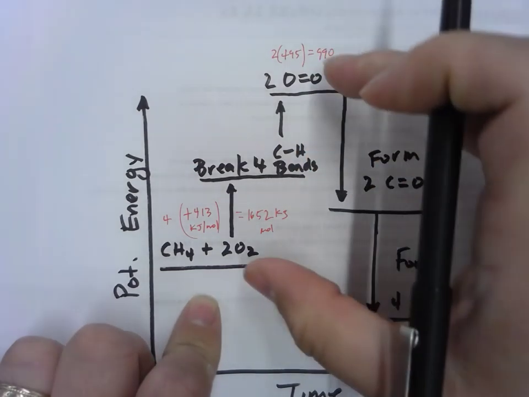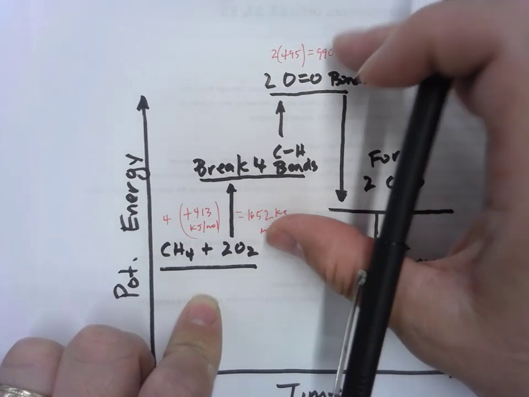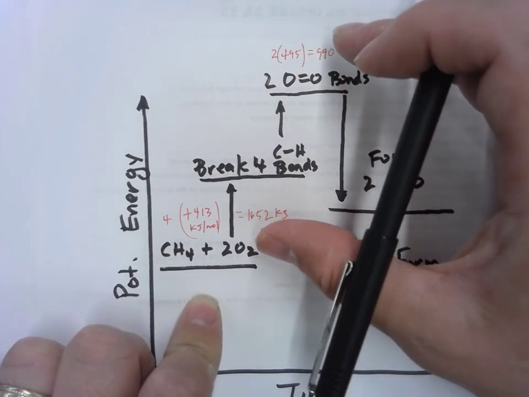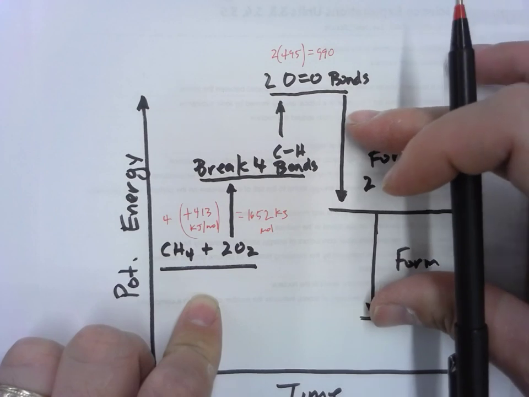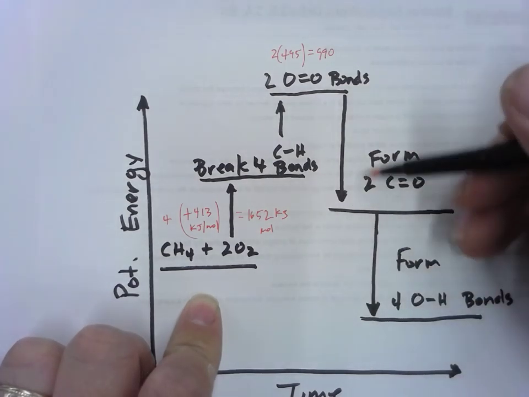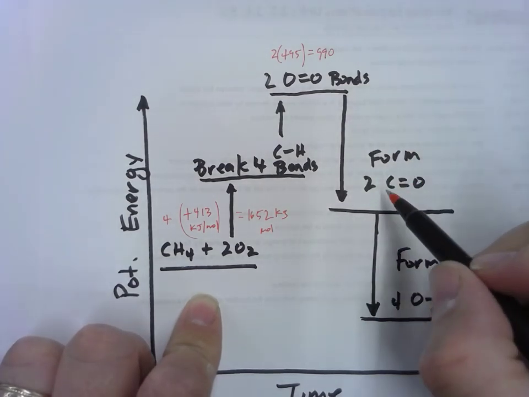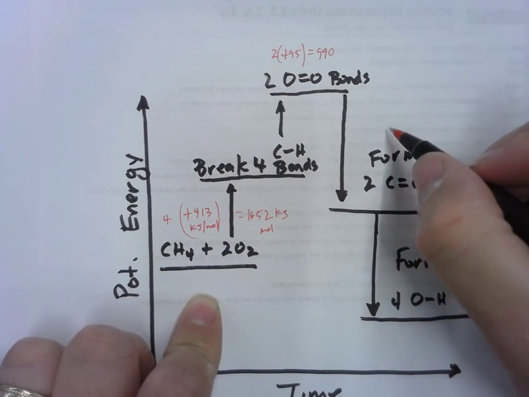This positive amount of energy right here is less than the amount of negative energy that's released. When these 2 CO bonds form, there's a massive amount of energy released.